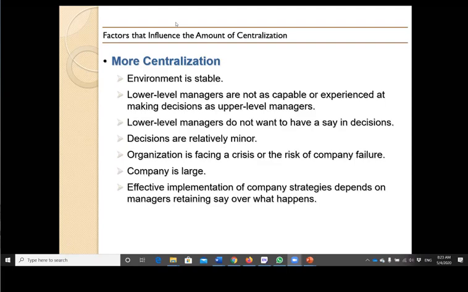Okay. So this is something like a very strategic matter, right? Strategic matters, not operational matters. So that's why the manager at the lower level may not be capable enough to deal with it. Right? That's one reason. Anyone has another idea?